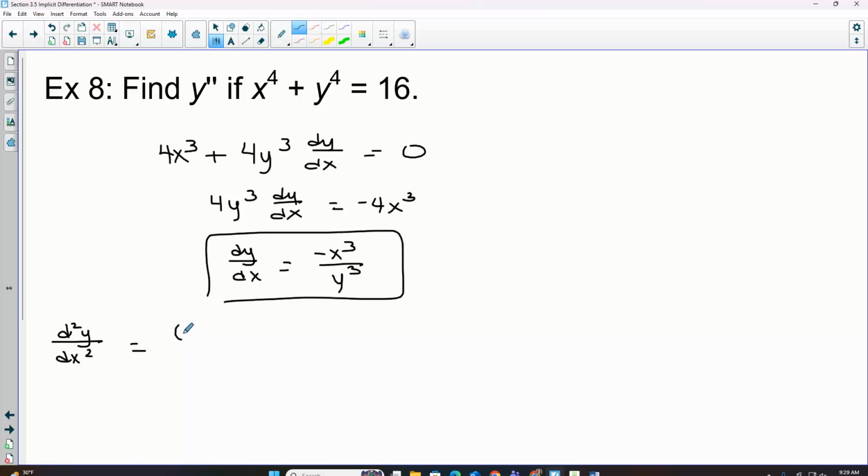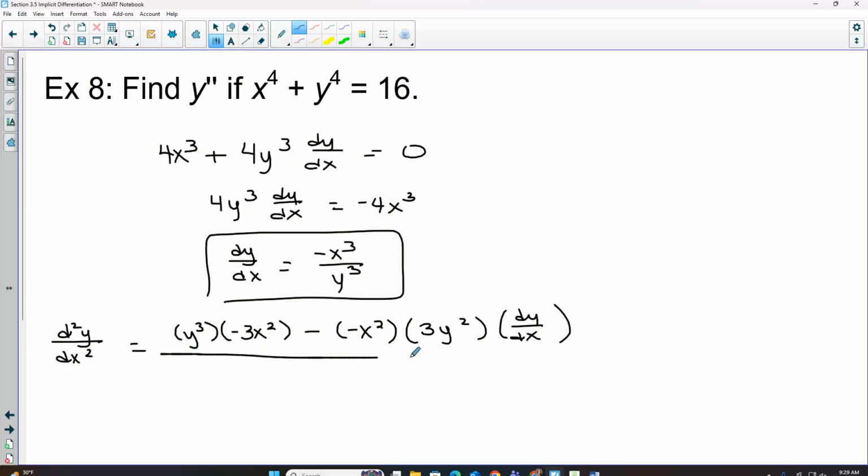So low d high minus high d low. Again, if you were more comfortable writing y prime in here, that's fine, but I'm going to stick with dy dx, over the square.